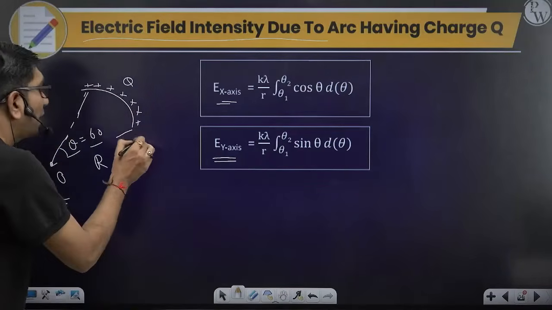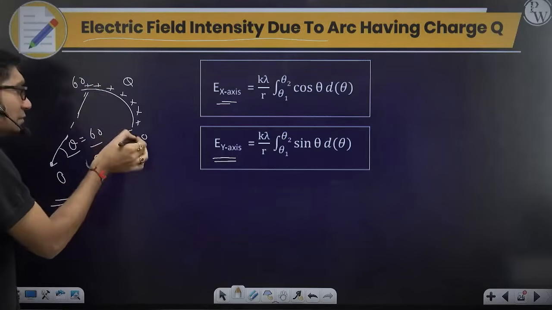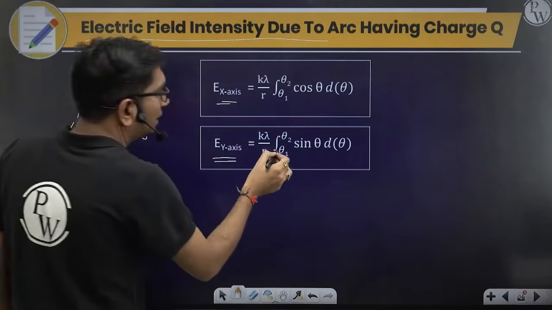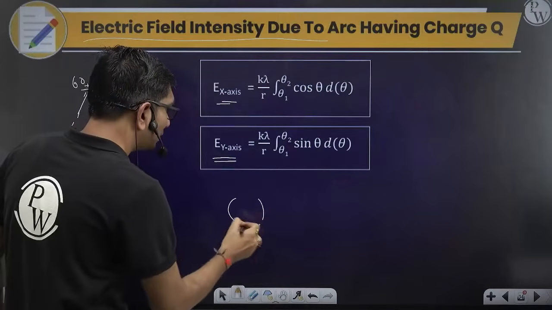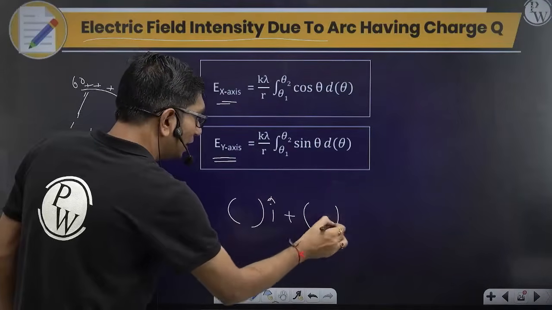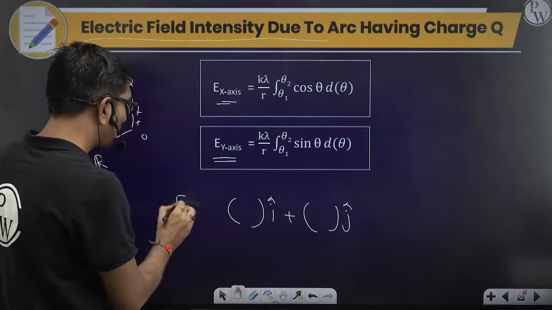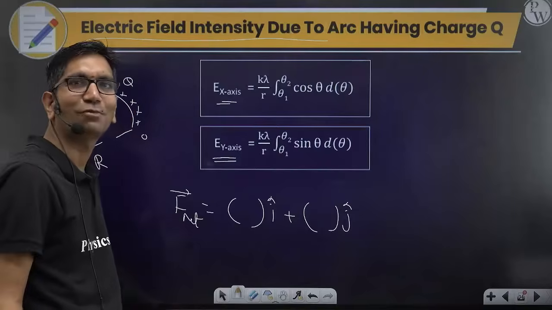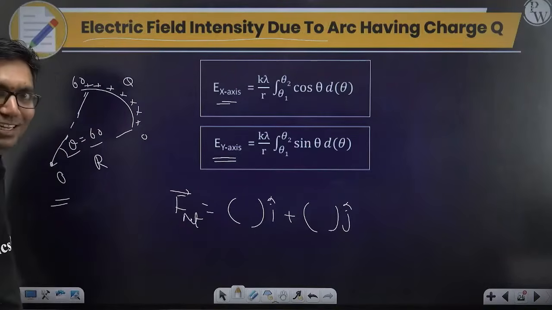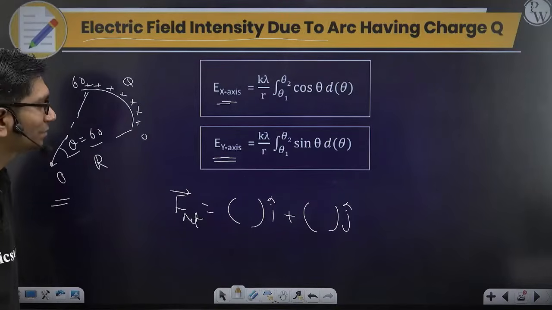If it is 60 degrees here to here, keep the limits 0 to 60. Solve this one. You'll get the field along the x-axis. Next you will get it along the y-axis. Khatam. This is the net electric field intensity. Next do the magnitude, you will get the final answer. That's it. Is it clear, beta? Khatam.